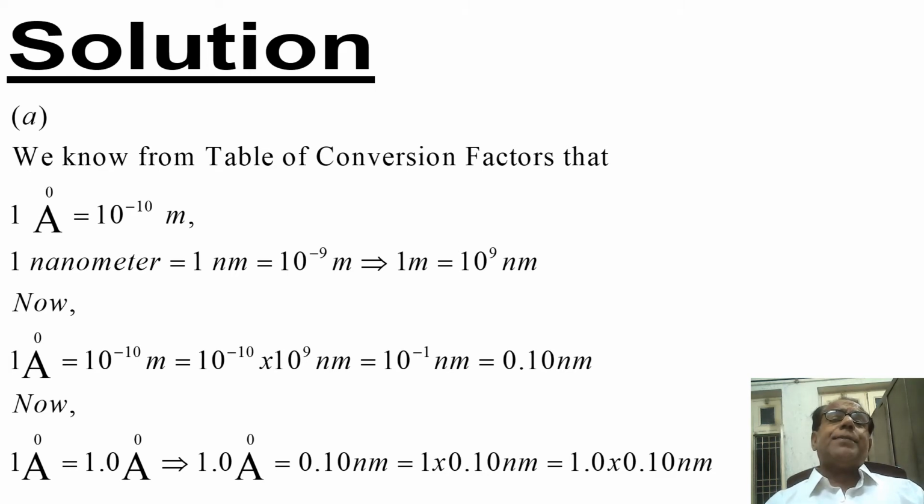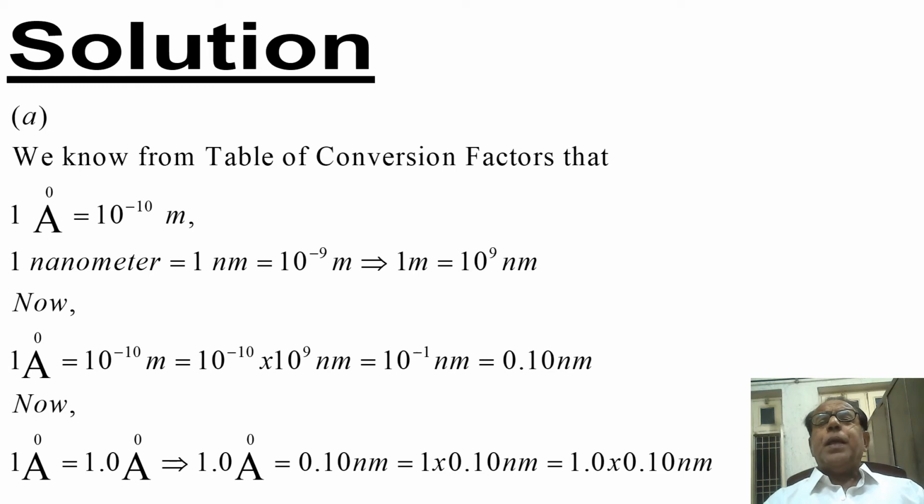Now 1 angstrom equal to 10 raised to the power minus 10 meter is equal to 10 raised to the power minus 10 into 10 raised to the power 9 nanometer. What we have done is just placed the value of meter in terms of nanometer.